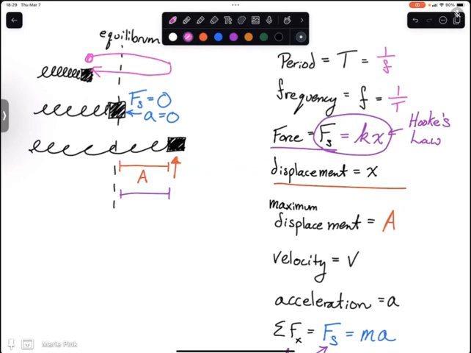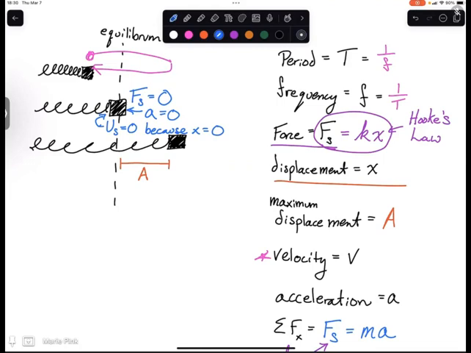One more thing, we haven't said anything about velocity yet. Well, we've just finished going through conservation of energy. Well, at this point in the middle, at equilibrium, our spring potential energy is 0 because the spring is not stretched.